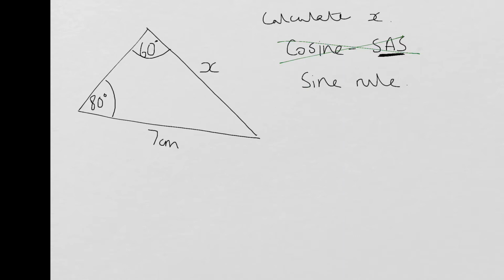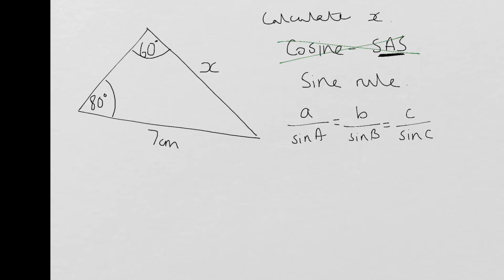And again, because the value that I'm trying to find is x, that's a missing length, so the version of the sine rule that I'm going to use is the one where we've got the side in the numerator. So a over sine A, b over sine of B, and c over sine of C. So we know that we have to, first of all, label our triangle. It's such an important part of this.